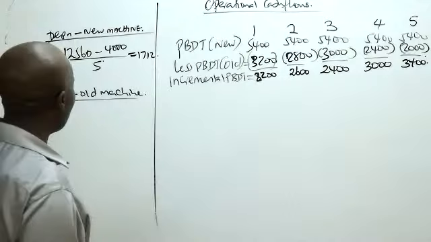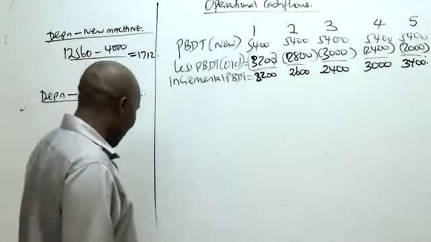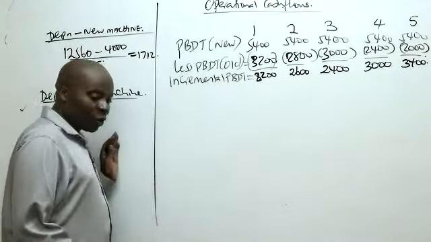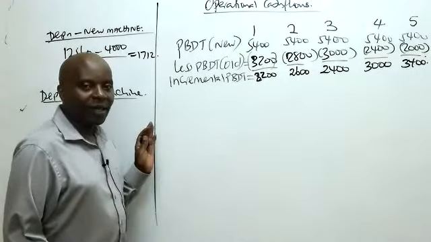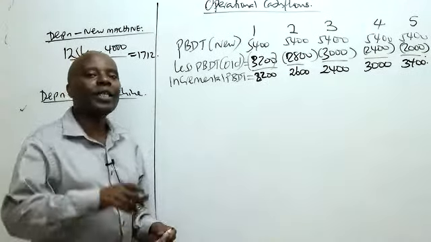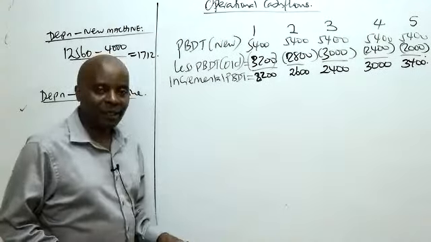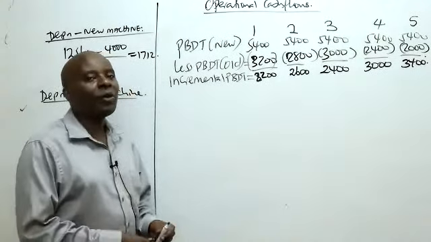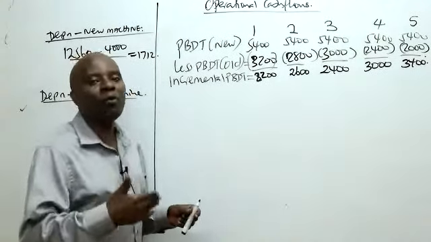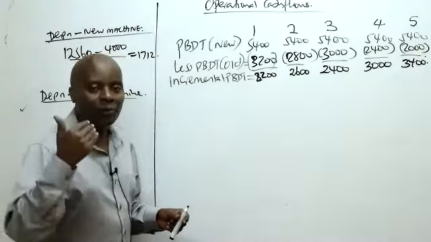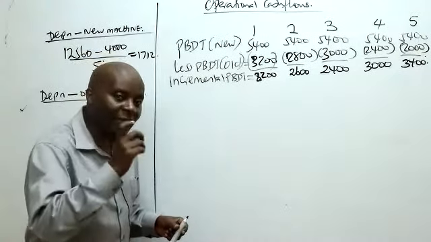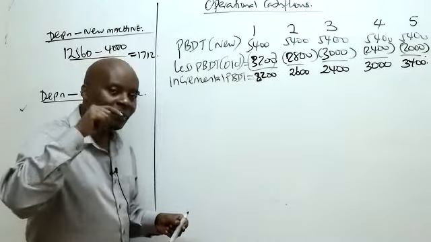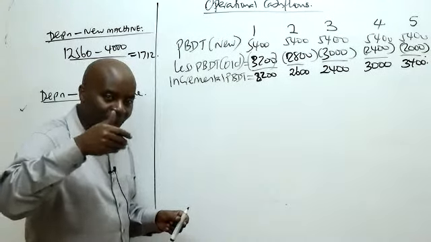Ladies and gentlemen, remember, the old machine was bought 2 years ago. Immediately after 2 years, we decided to revalue the machine. When you revalue the machine, moving forward for purposes of depreciation, you should capture it at the net book value of that machine at the beginning of the next era.